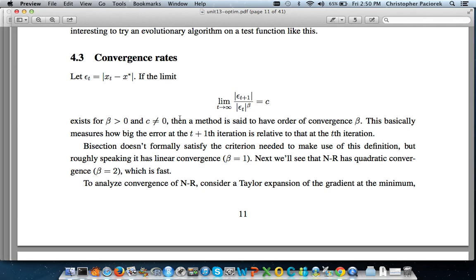Maybe c would be 0.8, and this is saying this error is only 0.8 of the previous error, so it's not getting much smaller very quickly. So beta equals 2 is really quite good, and what we'll see in a second is that's the convergence for Newton's method. So, any questions about the intuition here?